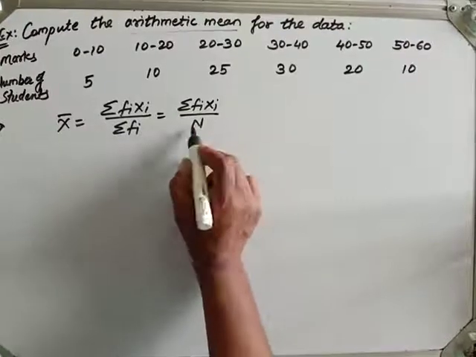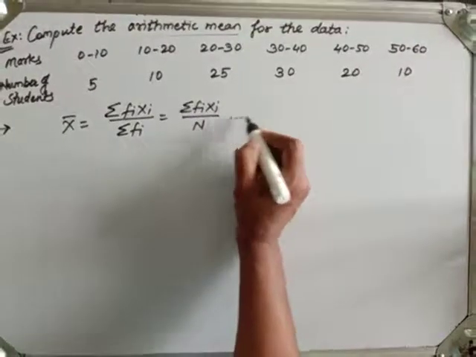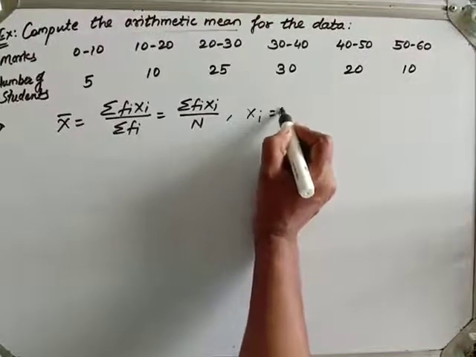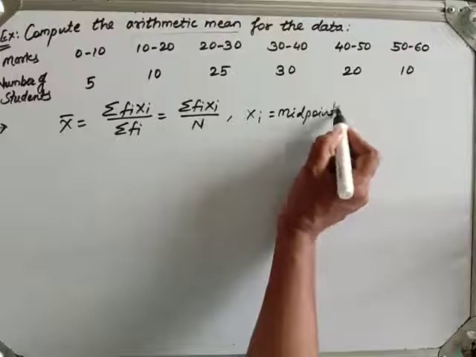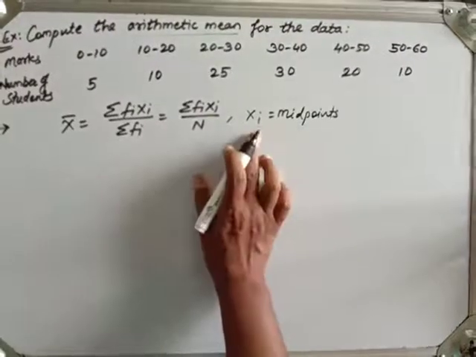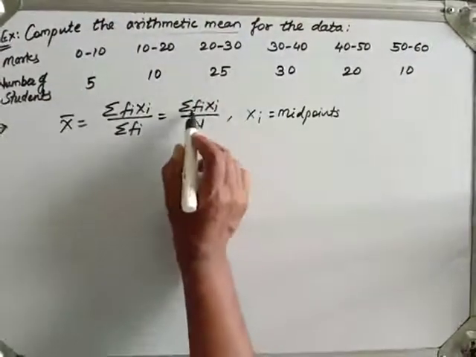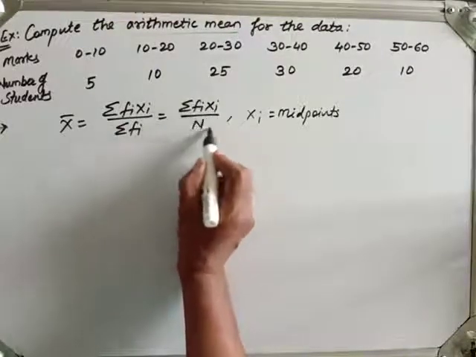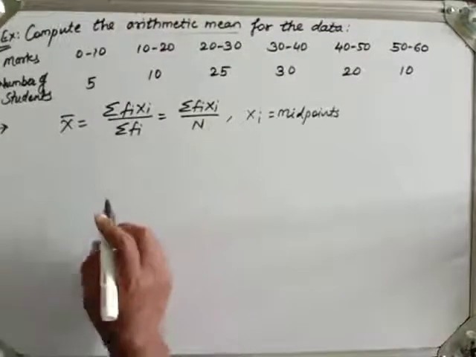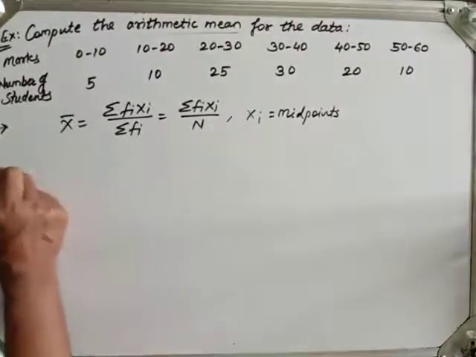But this xi is the midpoints or mid values, so our aim is to determine that first. We need to take this product, then the sum of that product, and also the sum of all frequencies. So let us prepare a table.